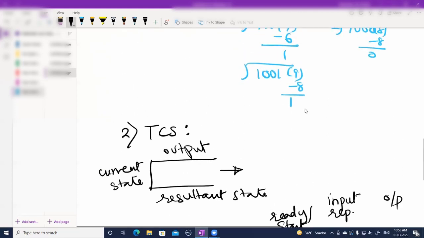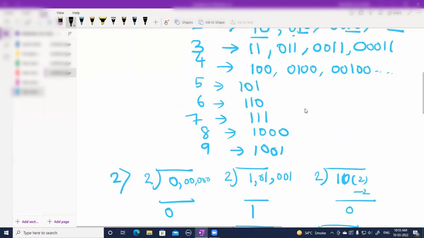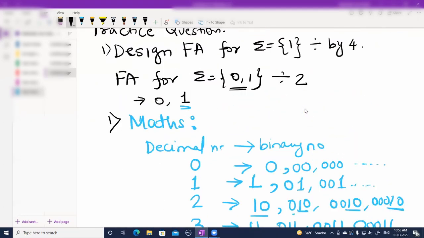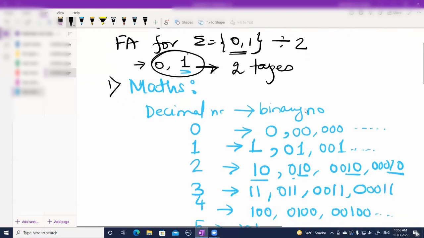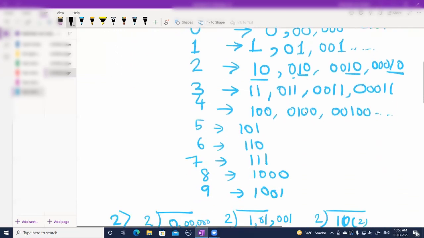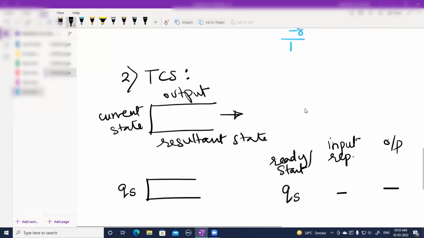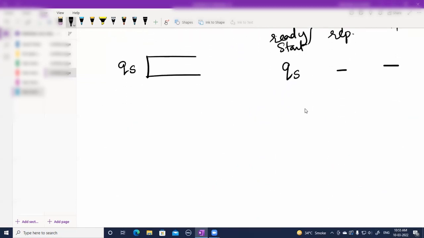Now, as we have the binary number system that consists of 2 bits, 0 and 1, there will be 2 tapes here. Based on the number system, based on the digits, we are going to have that corresponding number of tapes. So here we are going to have 2 tapes, with the starting position as QS.